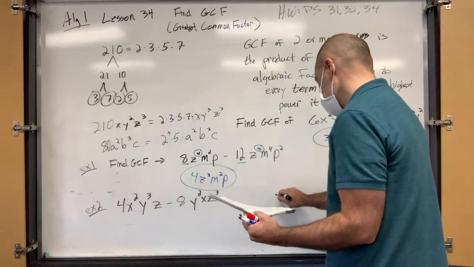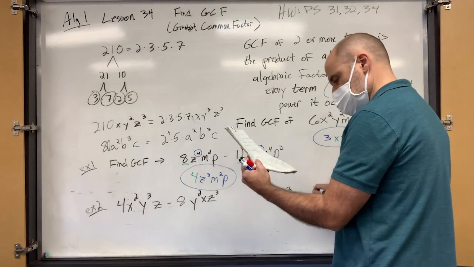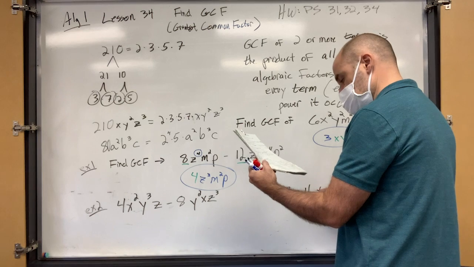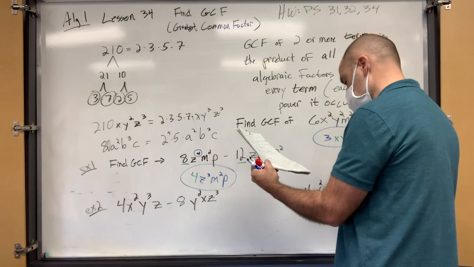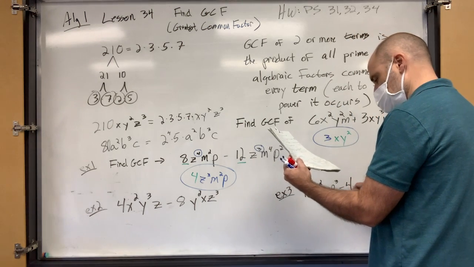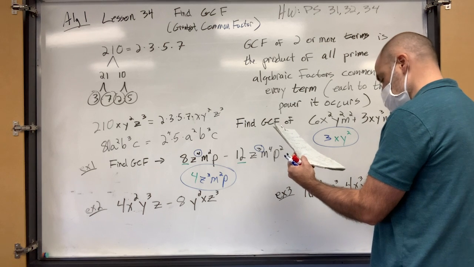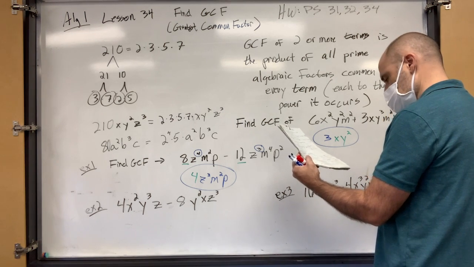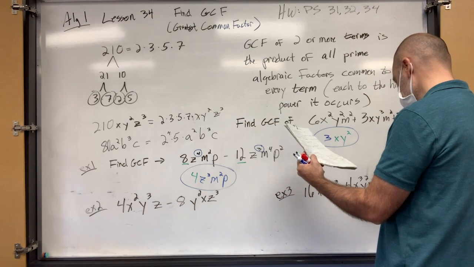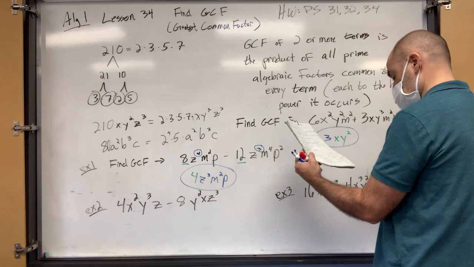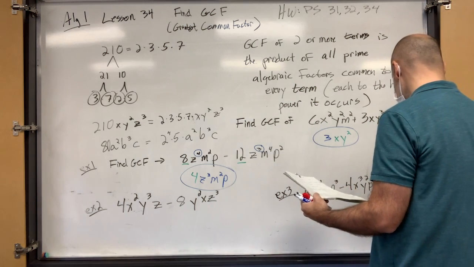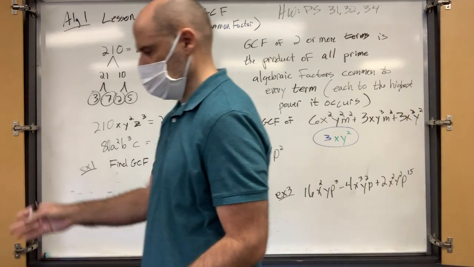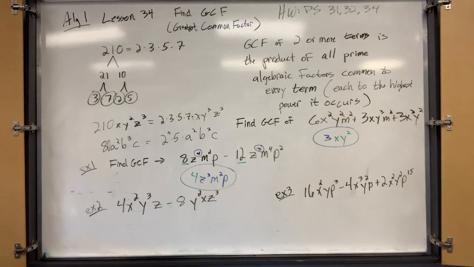And then I want you to find the GCF of 16 x squared y p to the 3rd minus 4 x cubed y squared p plus 2 x squared y squared p to the 15th. All right, find the GCF of those 2 examples.